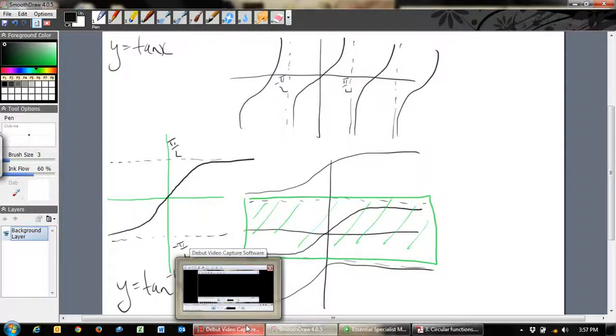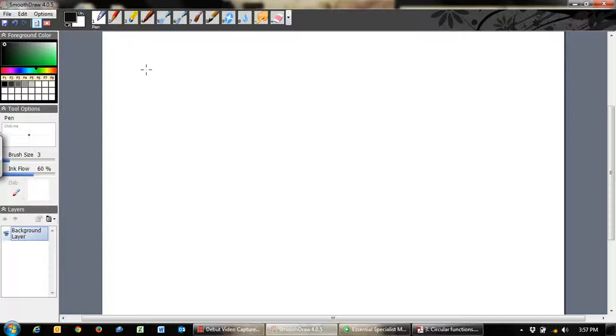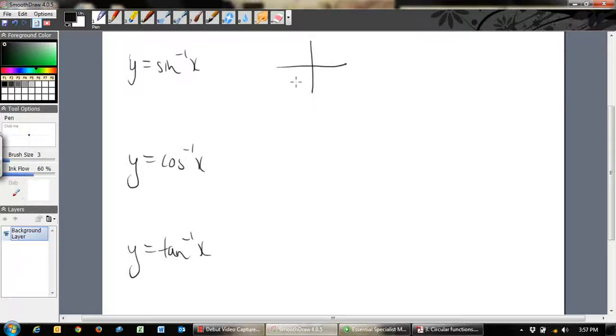Just to summarize, we've got y equals sin -1 x, y equals cos -1 x, y equals tan -1 x. Sin -1 x looks like this. It has a domain from -1 up to 1, and the range goes from negative pi on 2 to pi on 2.